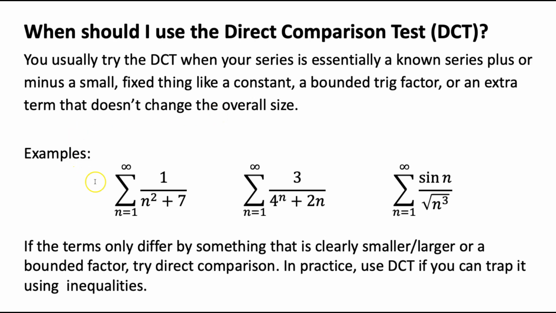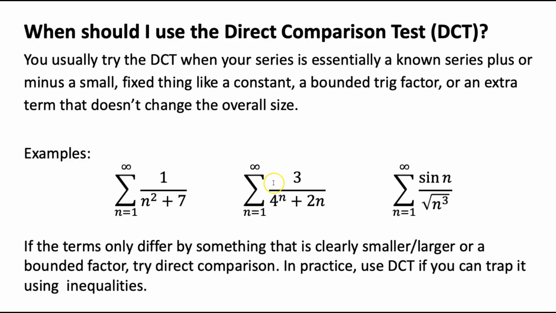So here are a couple of examples. The sum of n equals 1 to infinity of 1 over n squared plus 7. What we should be drawn to here is the sum of 1 over n squared. That's a known p-series, and it's just off by a constant, 7. So we would ideally want to try the direct comparison test on this one.